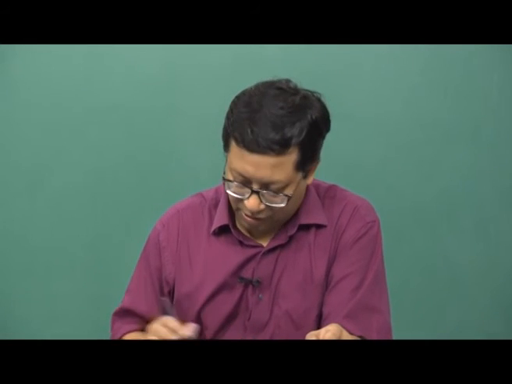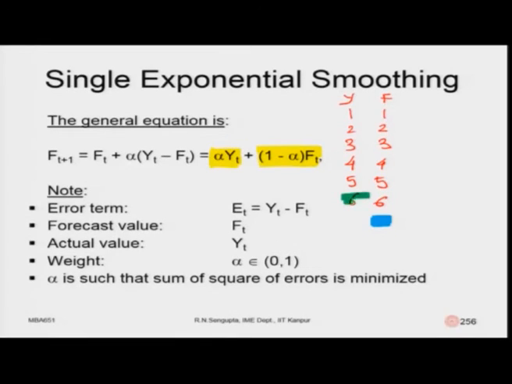When you are trying to do that, you will utilize the actual and the predicted for the 6th time period. So you give a weight of alpha here and a weight of 1 minus alpha here, so that the sum is equal to 1, or it could be 1 minus alpha here and alpha there, it does not matter.